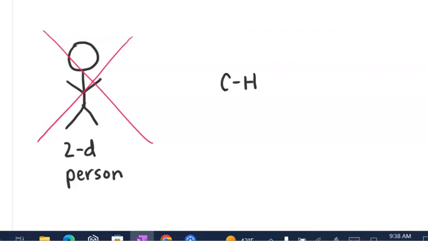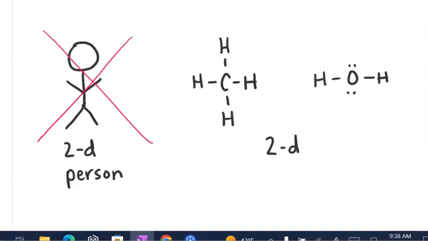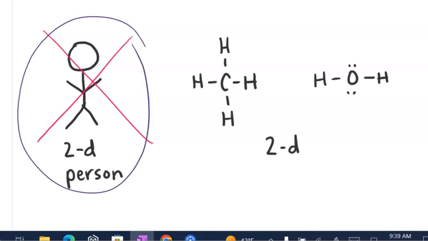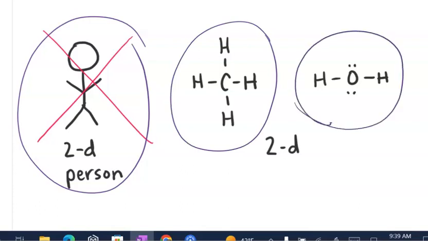The Lewis diagrams for molecules like CH4 and H2O are all representatives of molecules in only 2 dimensions. It's how we draw them on paper. Just like a stick figure doesn't really look like a person in 3 dimensions, the same thing is true with these drawings that we've been doing.